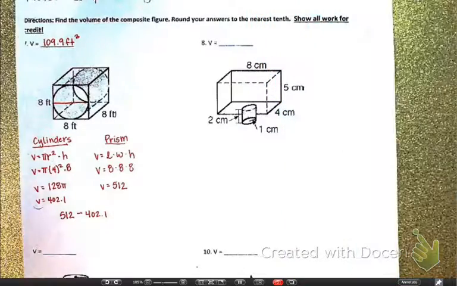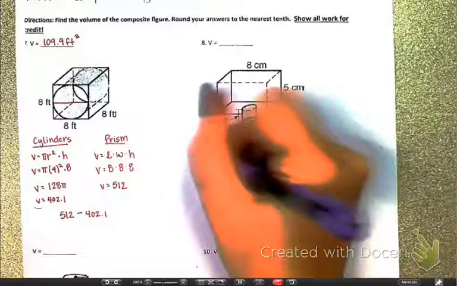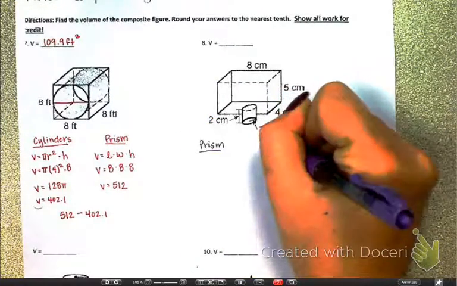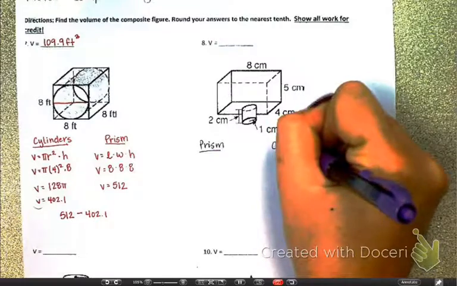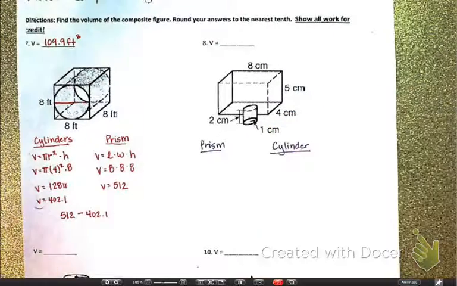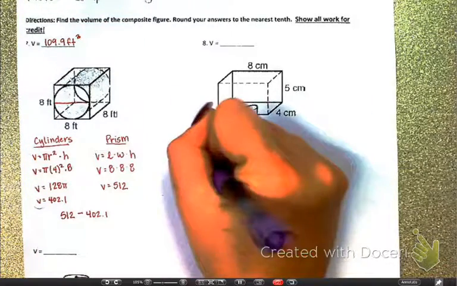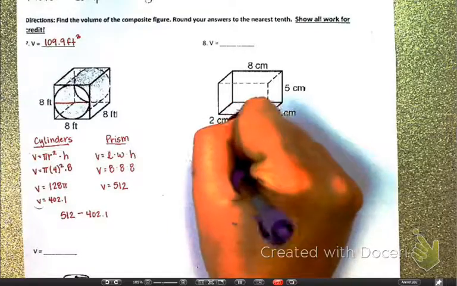Okay, so what figures do you see in this second one? You see a prism and another cylinder. Now, do you notice how I'm organizing my information? I'm actually writing out what I see so that I can solve, and then I figure out if I need to add or subtract. So let's find the volume of the prism. Length times width times height.